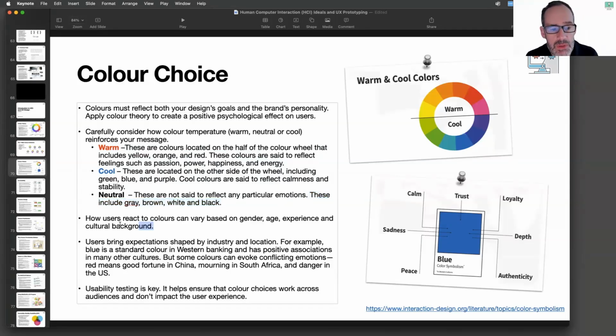Now, how users react to colors can vary based on their gender, their age, their experience, their cultural background. For example, blue is a standard color in Western banking, but some colors can evoke conflicting emotions. Red means good fortune in China, but it's associated with mourning in South Africa and potentially danger in the US. So what would you associate with red?